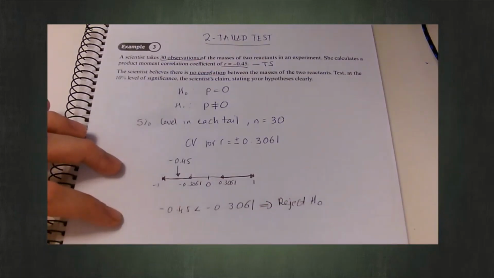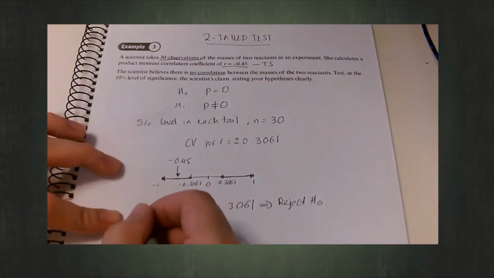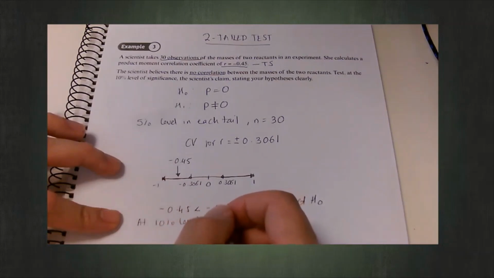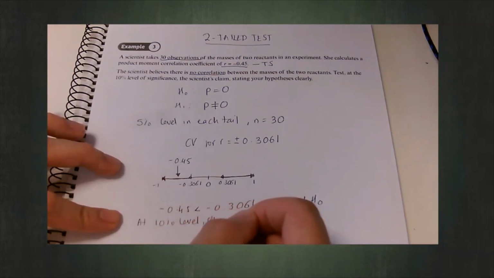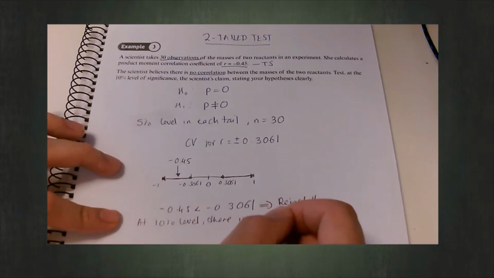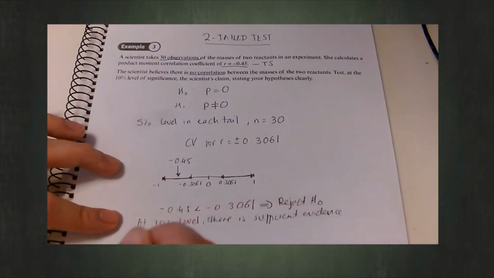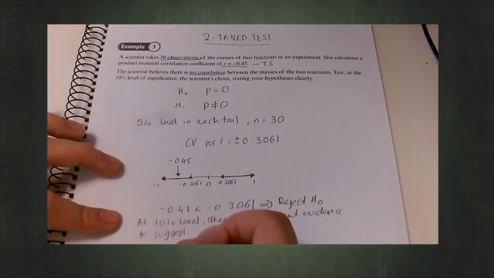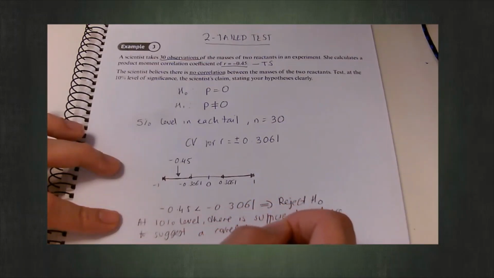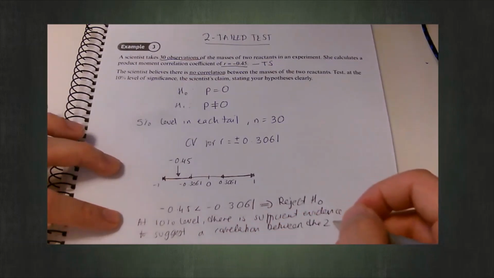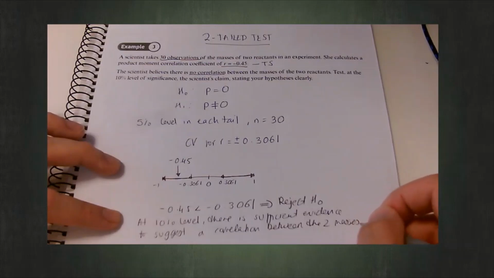And obviously you have to come up with your conclusion statement. Okay, so you'd say at the 10% level, there is sufficient evidence to suggest a correlation between the two masses.